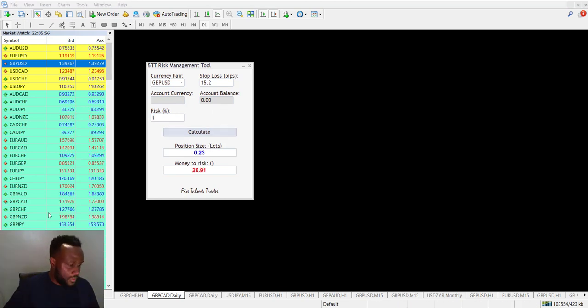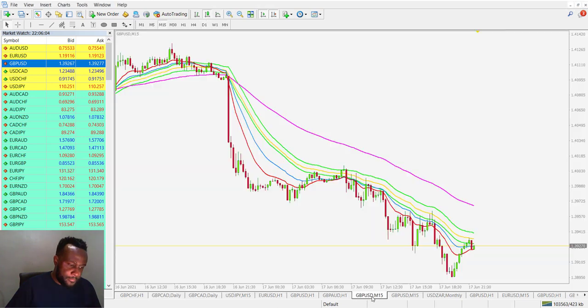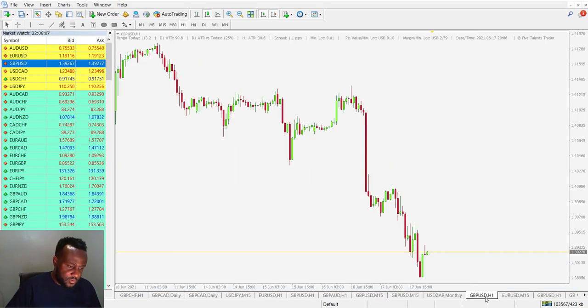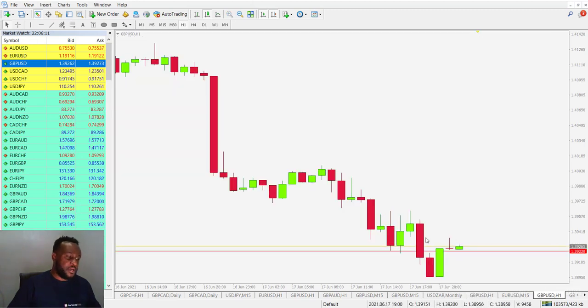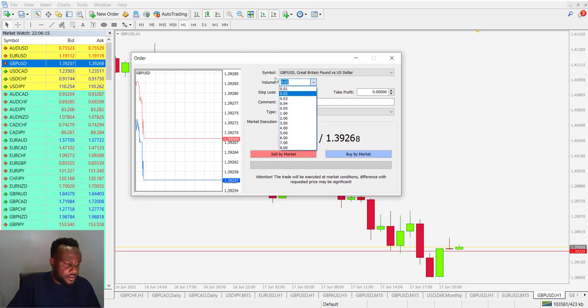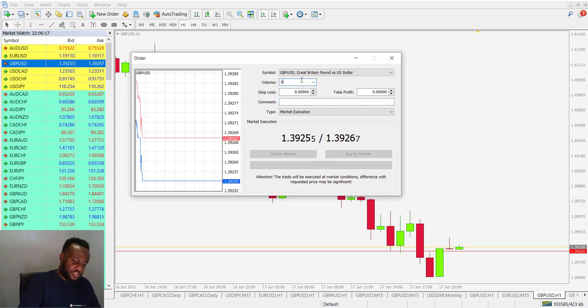I calculate. Okay, so 15.2 pips, and then your position size is 0.23. So I can come here now, new order, and go 0.23.